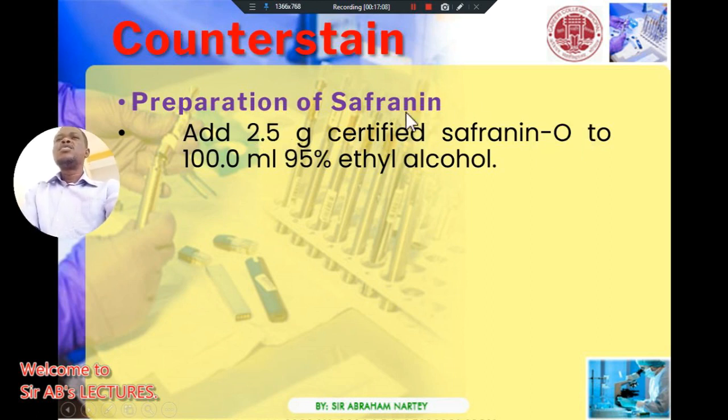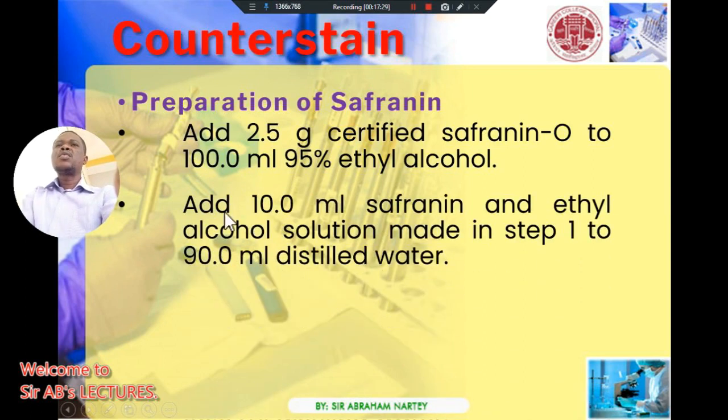Then you dissolve this in 100 milliliters of 95% ethyl alcohol. By this time, I know when we say 95% ethyl alcohol, you understand. So ethyl alcohol, you will measure 100 milliliters. Then you dissolve this 2.5 gram certified safranin in it.